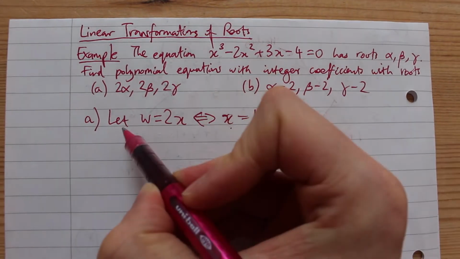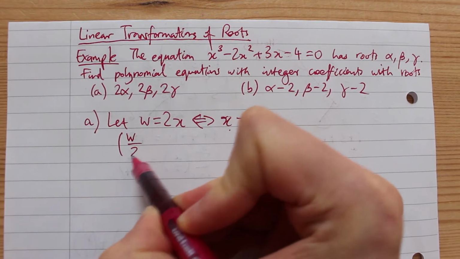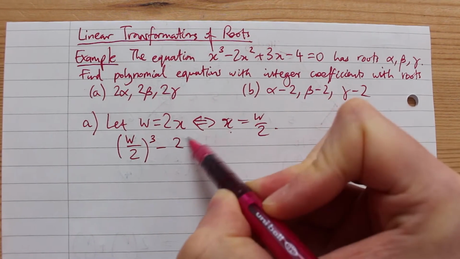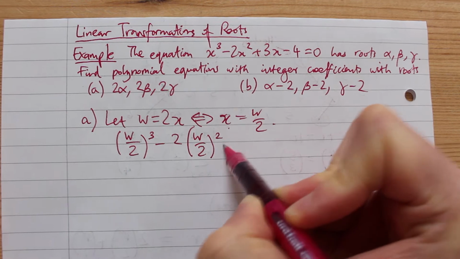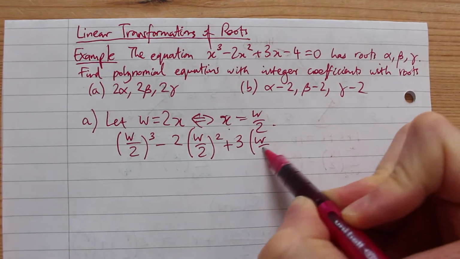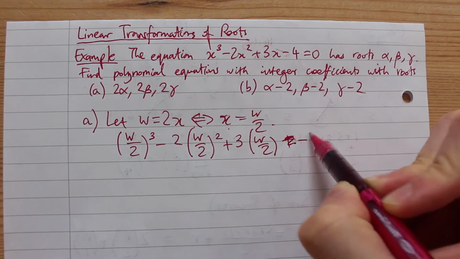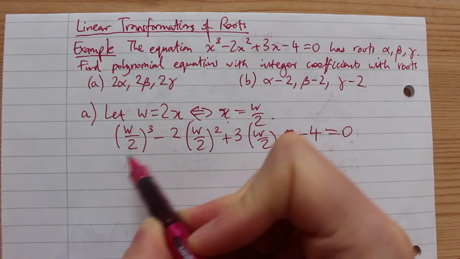So we're going to get (w over 2) cubed minus 2 (w over 2) squared plus 3 (w over 2) minus 4 equals 0.